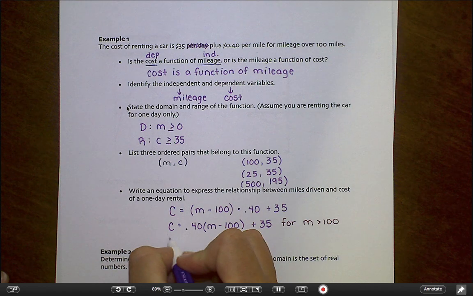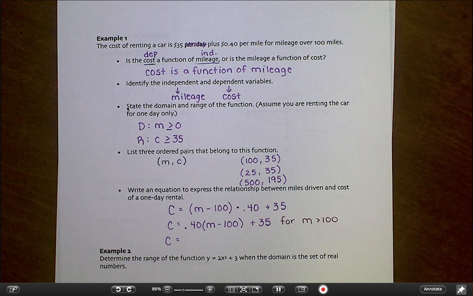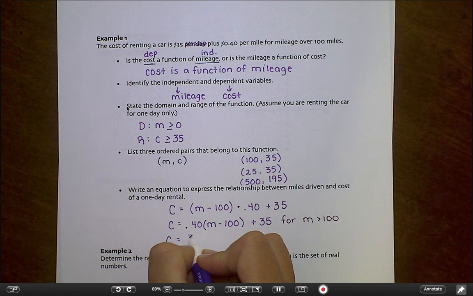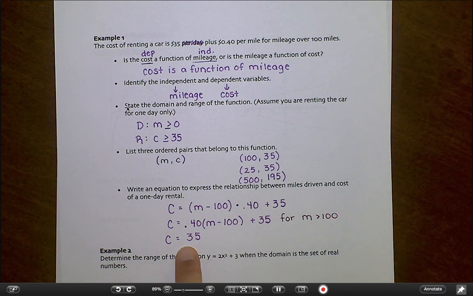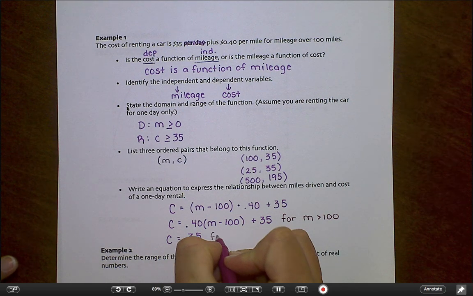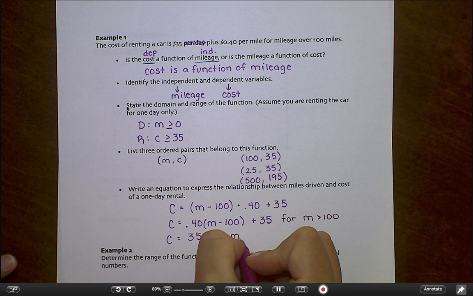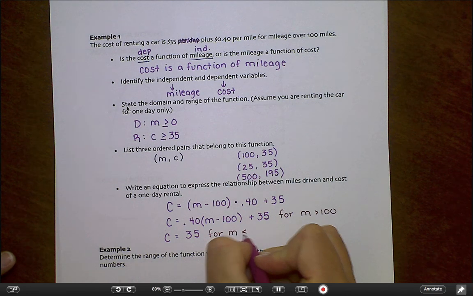Anytime m is less than or equal to 100, the cost is just what? Well, it should just be the $35, right? So when m is less than or equal to 100, we ditch this part altogether, and we get a cost of just $35. So this would be for m less than or equal to 100.